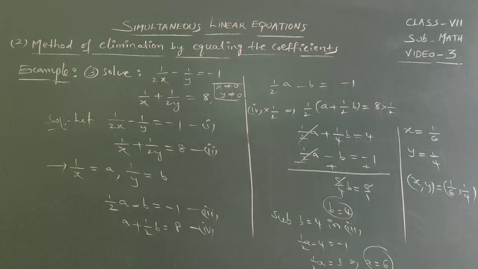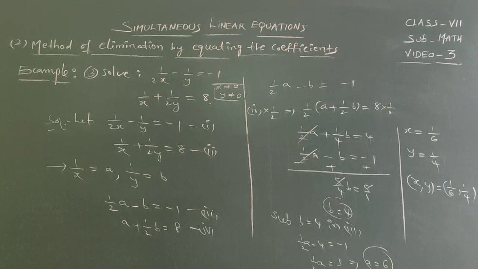Now we need to eliminate either a or b. Here the coefficients of a are half and 1, and the coefficients of b are also half and 1. That's why, for getting the coefficient of a equal, we need to multiply the fourth equation by 2.